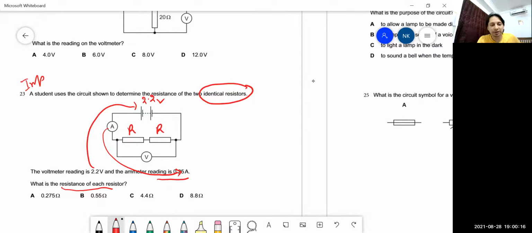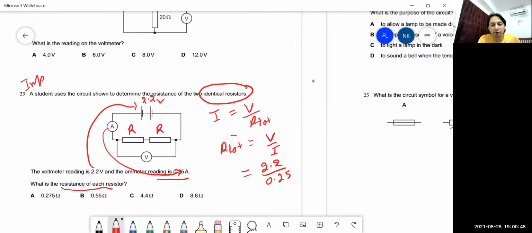Again children, in the previous question we did that when we are looking for the current, I is given by voltage and the total resistance in the circuit. In this case I have to calculate the total resistance, then I will find the individual resistance of each resistor. So R total is given by V upon I. How much is V? 2.2. How much is current? 0.25.